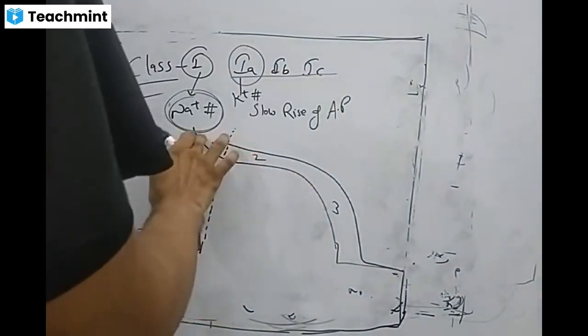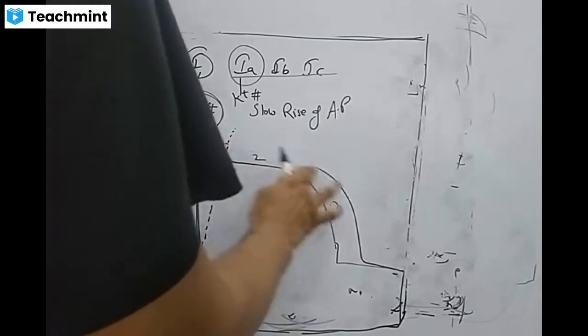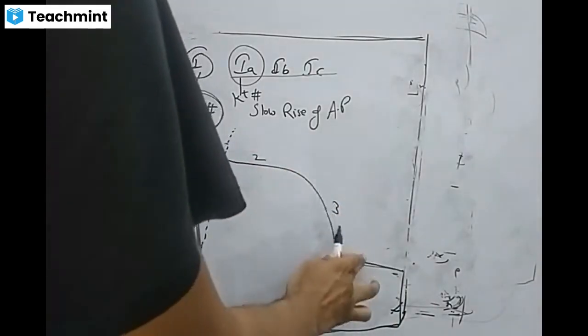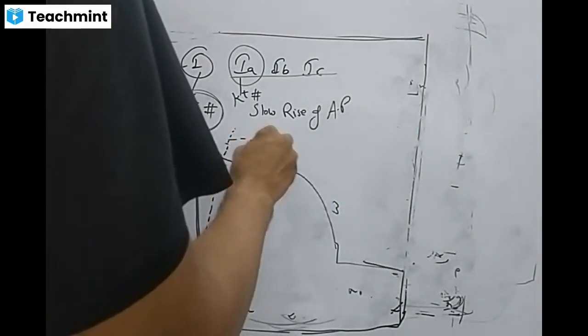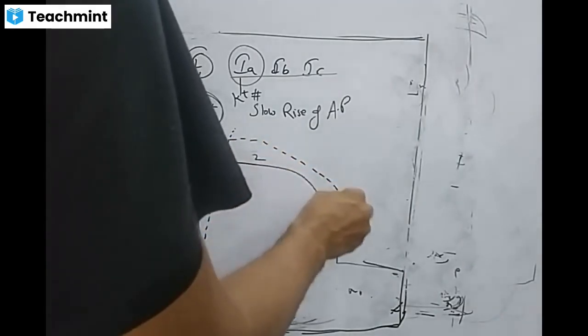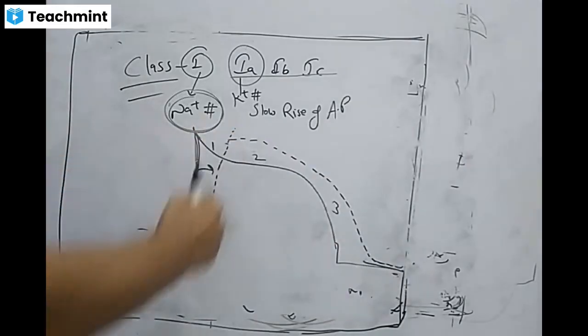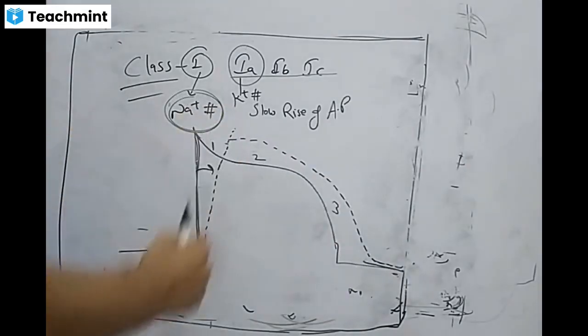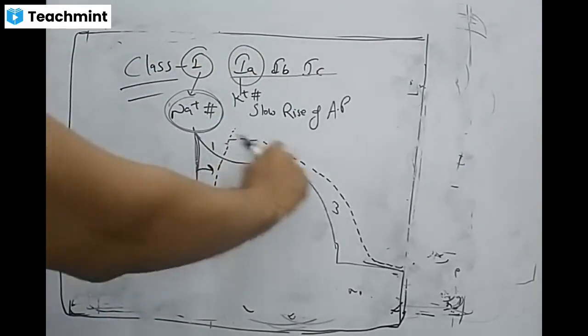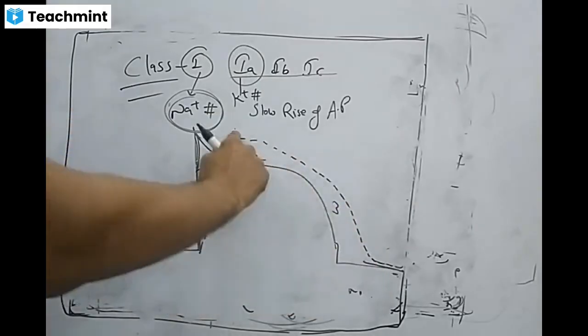So we can say that our new action potential is this. If I draw it in a dotted line, this one. This slow rise or decrease in slope is because of 1, meaning sodium blocker, and this dotted part is because of the potassium blocker.